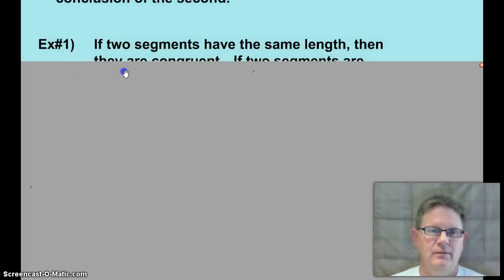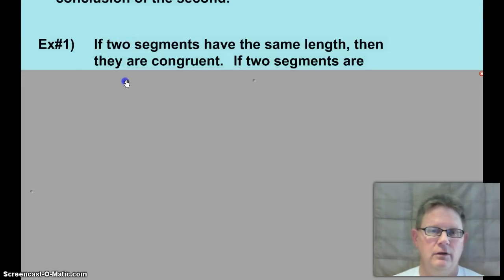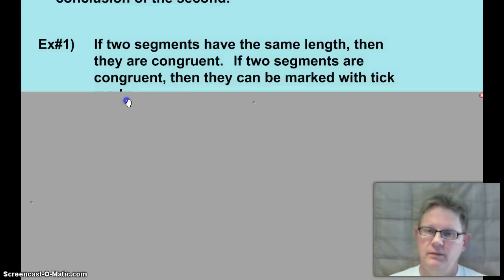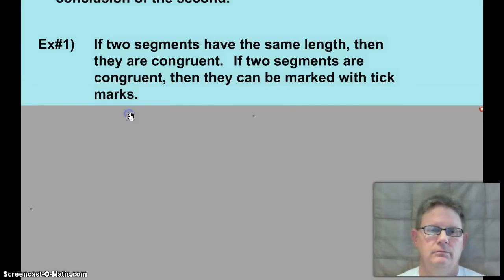If two segments have the same length, then they are congruent. If two segments are congruent, then they can be marked with tick marks. Notice that this conclusion, they are congruent, and this hypothesis, two segments are congruent, are exactly the same.